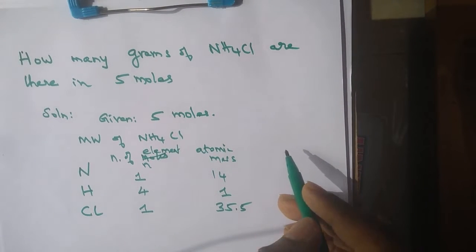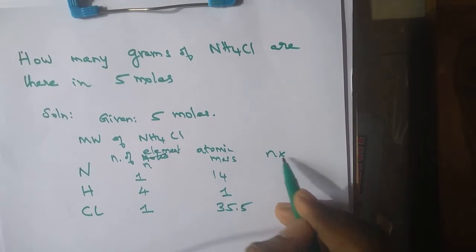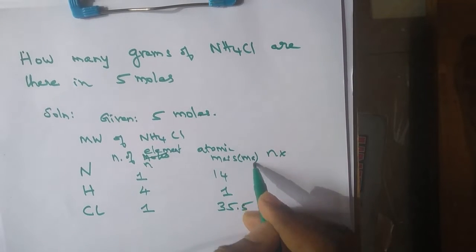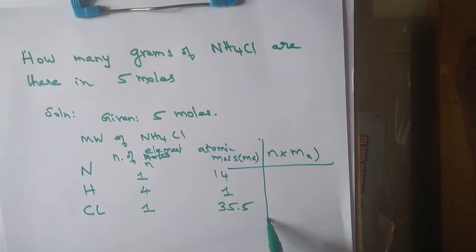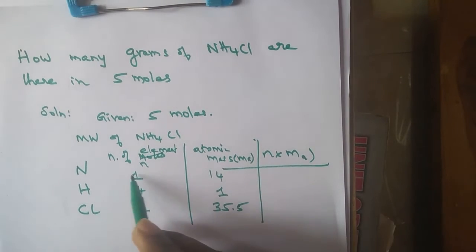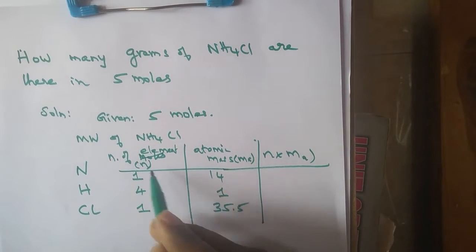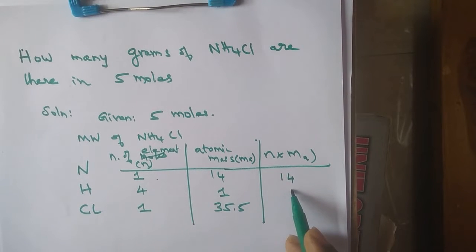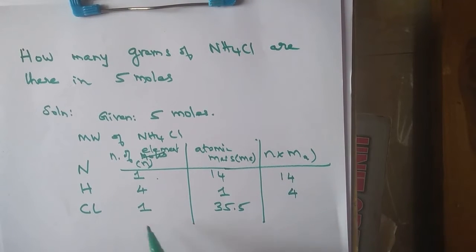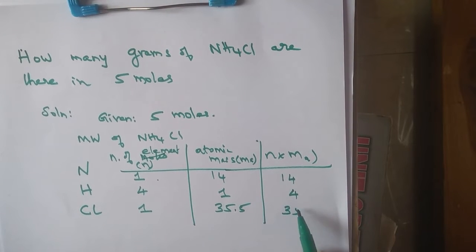Now what we have to do is multiply this N into atomic mass Ma. So calculate this yourself. What is 1 into 14? It is 14. 4 into 1 is 4. 1 into 35.5 is 35.5.